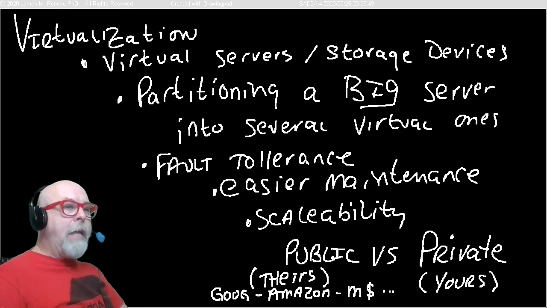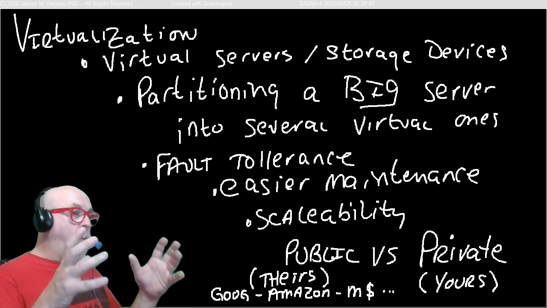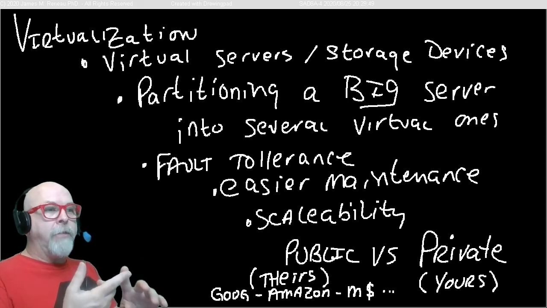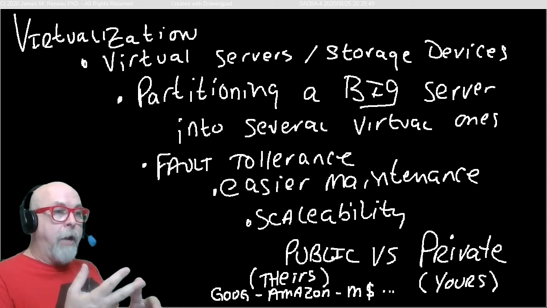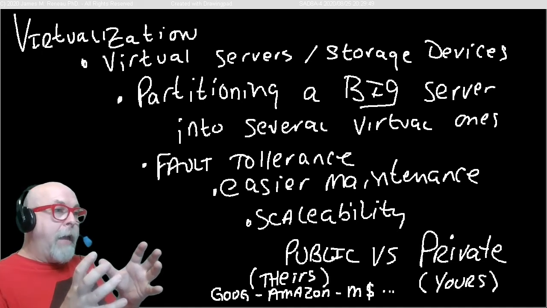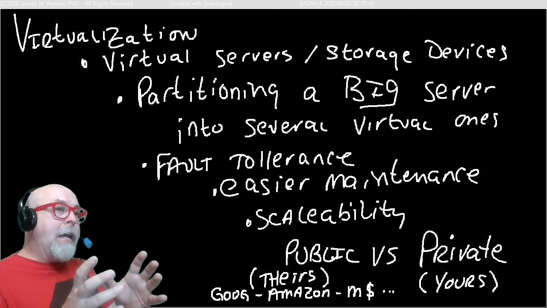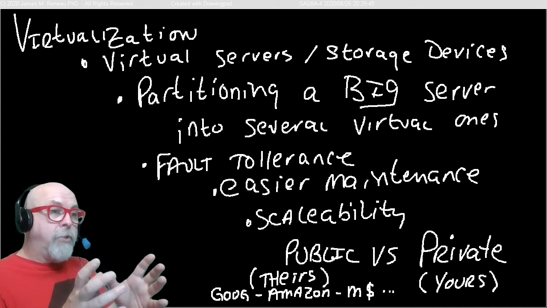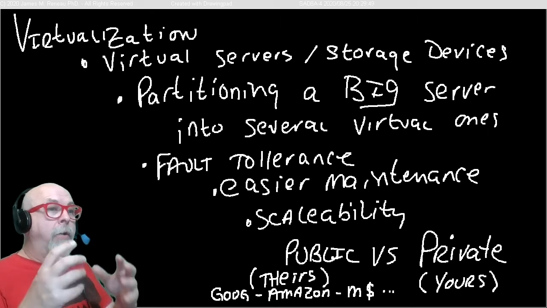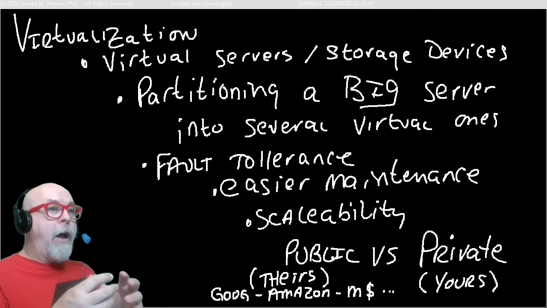Now the great thing about that is if we invest in one big giant server that's fault tolerant, that has fault tolerant disks, that has fault tolerant motherboards, that is maybe easier to maintain. And the great thing about server virtualization is that if you've got to bring one of your servers down, maybe you don't have to bring them all down.